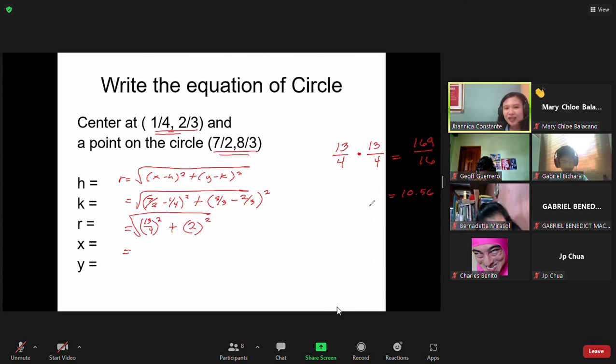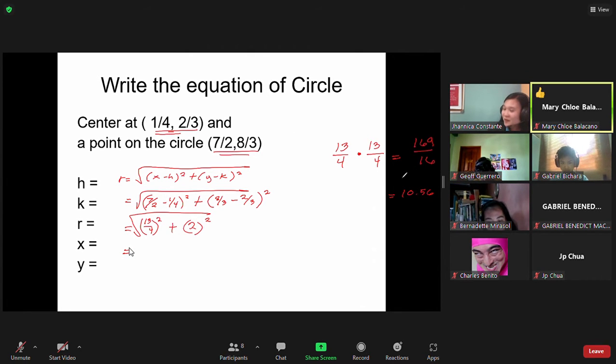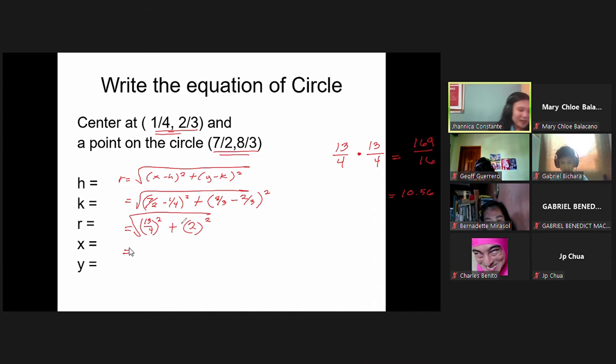Where is your scientific calculator? Yes, Chloe. So we have 10.56. 10.56 plus 2 squared, which is 4, so we will be having 14.56.